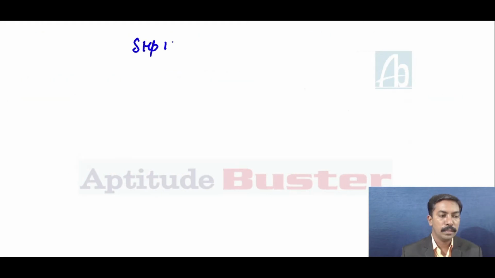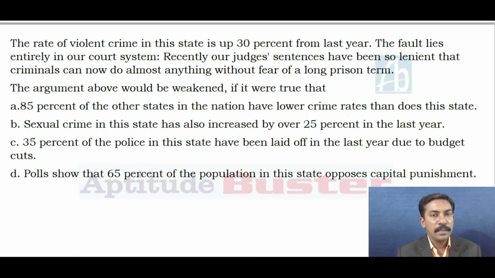Step 1 is to identify the claim. The claim in the text says the rate of violent crime has increased in a particular state. Has the argument stopped at that point? No, it doesn't. It says why it has increased, because the text says the fault lies entirely in our court system.